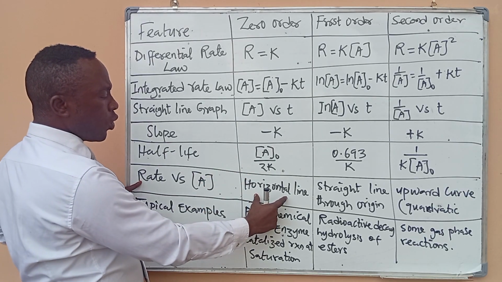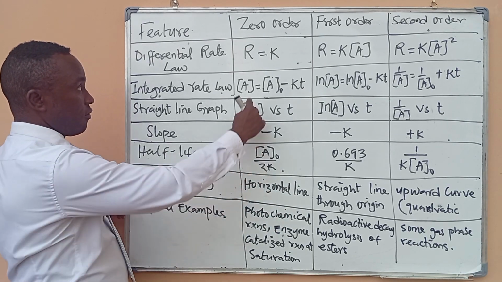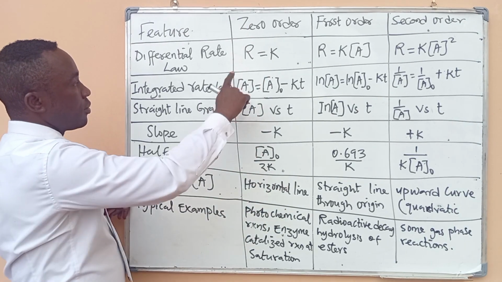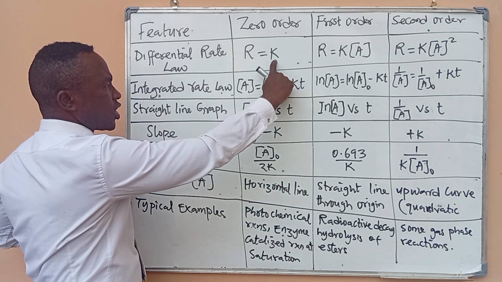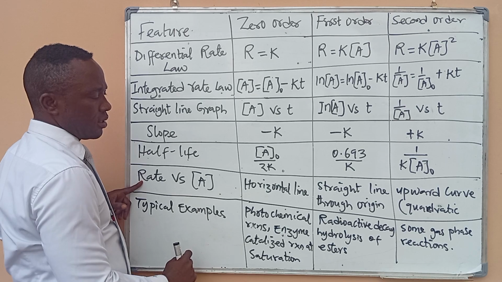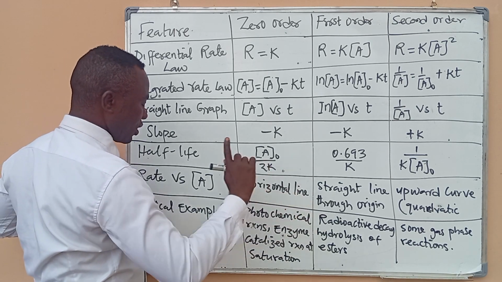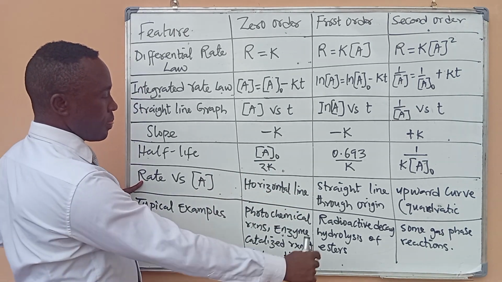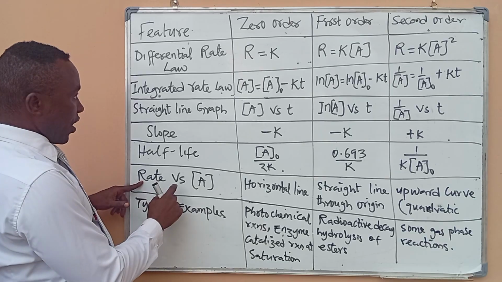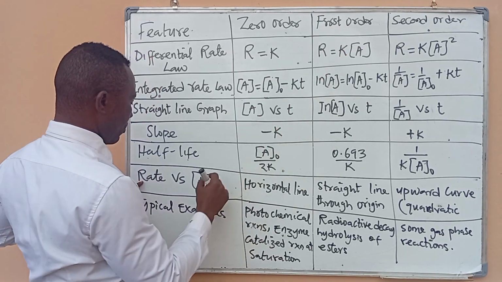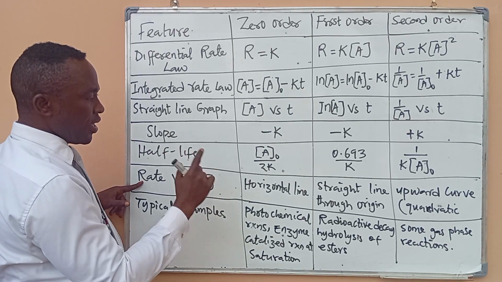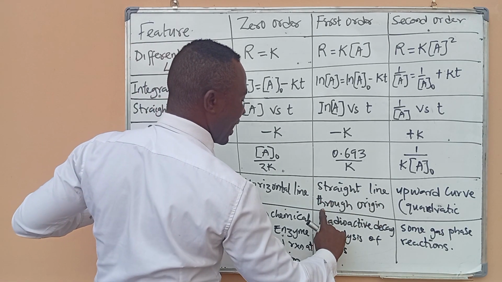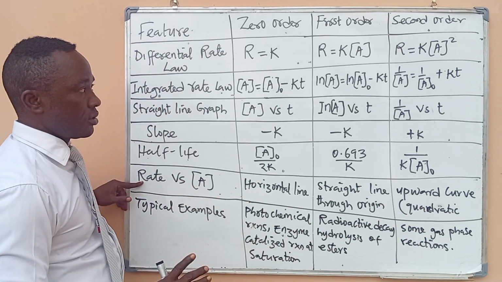Now, if we plot the rate of reaction versus concentration, you see that the graph will be a horizontal line for a zero order reaction. Why? Because the rate of a zero order reaction does not depend on concentration. It is constant. That is why we are having a horizontal graph. Then the rate of a first order reaction against concentration will be a straight line graph starting from the origin.